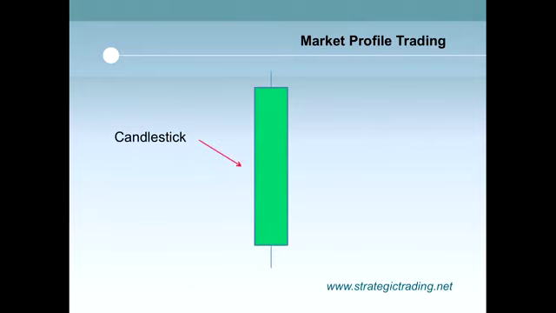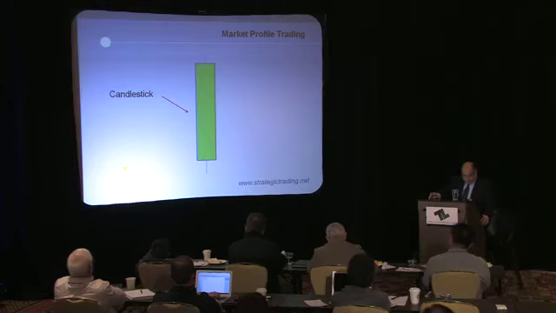I want you to begin to train your mind to think in the same way the market works. So every 30 minutes, every 60 minutes, a candle closes. That is an auction that just concluded, and we are looking at it to see the results of that auction. And here's what the candlestick tells us about the results of the auction.